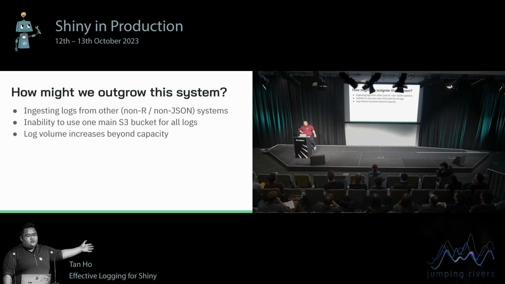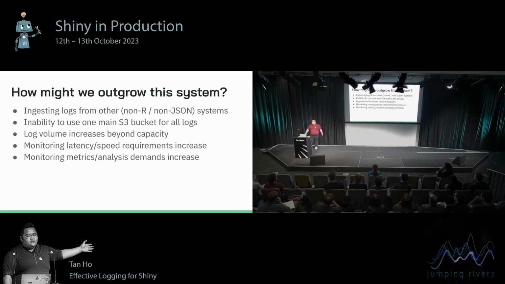If we have log volume increasing beyond capacity, so we started logging every click or something, that would be kind of crazy to ingest all the time. If we needed real-time latency monitoring or A/B testing of metrics and modeling on that. There are lots of ways that things could happen, and I probably didn't even think of a couple here. But really, in my opinion, until we outgrow it, this system works really well for us.